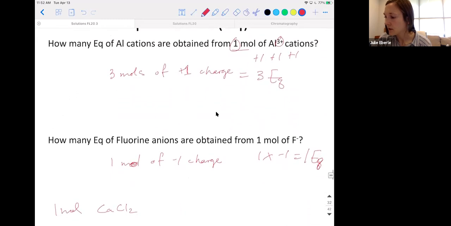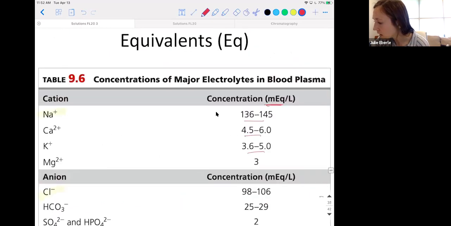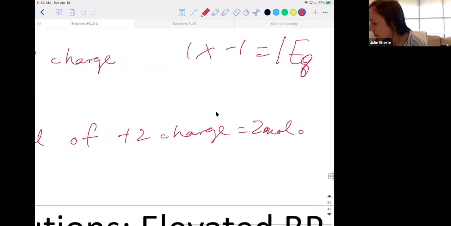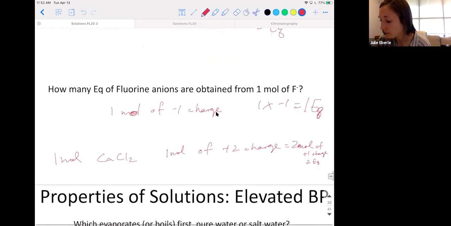I'll keep that visible. If you have 1 mole of calcium chloride, then you're going to get 1 mole of +2 charge, which equals 2 moles of +1 charge. So that is 2 equivalents just from the calcium, right?